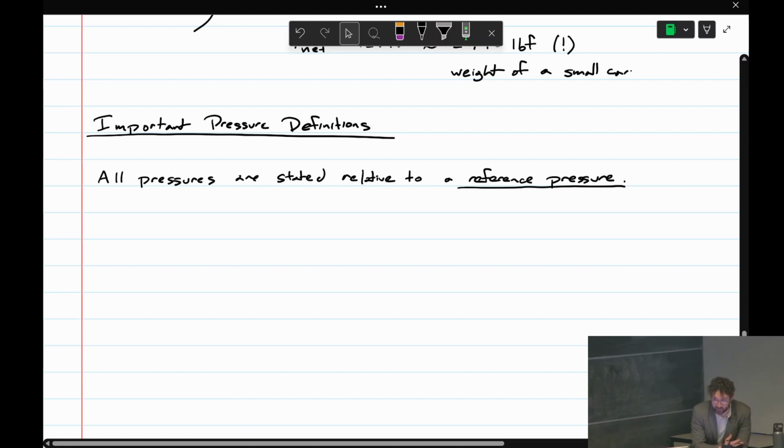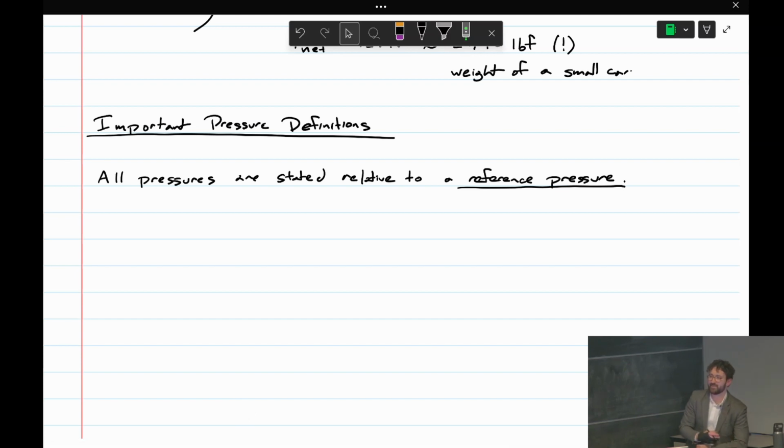So whenever someone tells you pressure, they're implicitly, they may not know it, but they're stating it relative to a reference. Just like when people say it's minus, I don't know, whatever it is out there right now, like minus a million degrees, they're stating it relative to a reference.